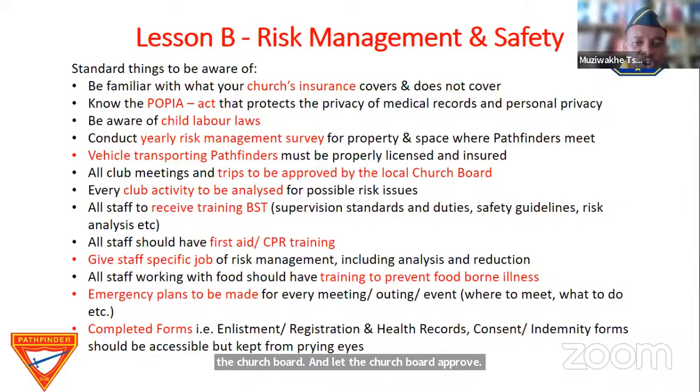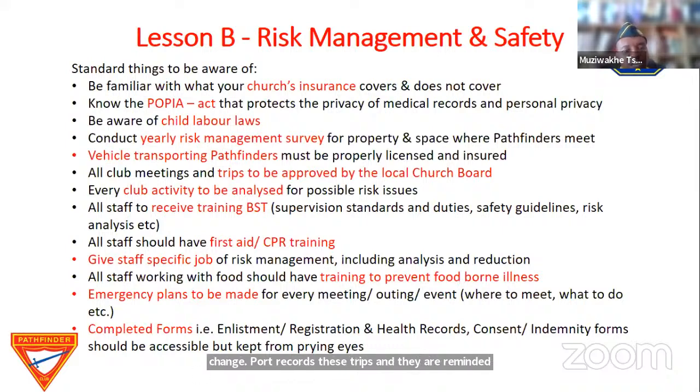And where possible, closer to the trip, the Pathfinder director, supported by other leaders who have an interest in, for example, child ministries and the junior youth and senior youth ministries, we need to ensure that the church board records these trips and they are reminded that we are going on a trip on this day.